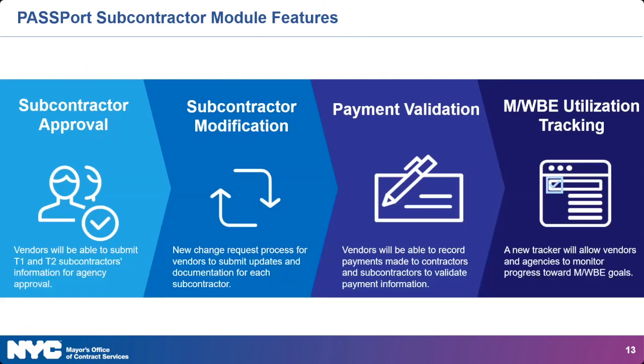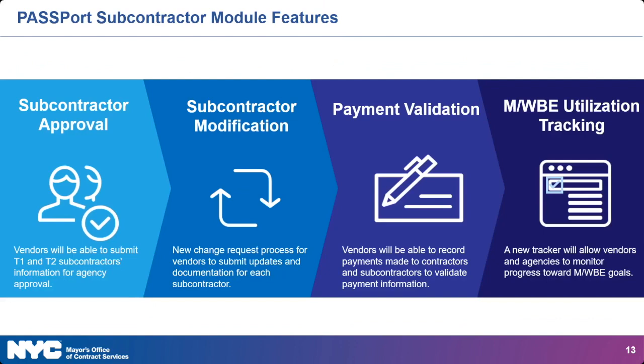So here are some features of the subcontractor module. Subcontractor approval is where prime vendors submit information about their Tier 1 and Tier 2 subcontractors for agency approval. Subcontractor modification is how prime vendors request updates to approved subcontractors.